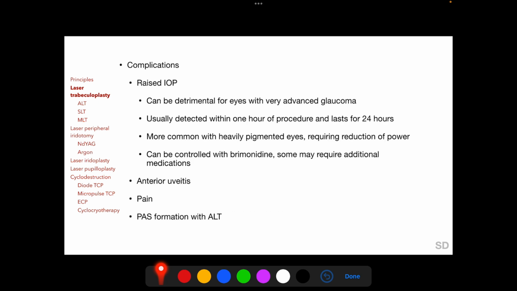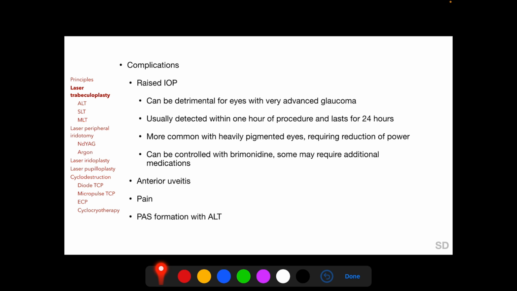Complications of laser trabeculoplasty include raised intraocular pressure immediately following the procedure, which can be detrimental for eyes with very advanced glaucoma and is usually detected within 1 hour of the procedure and lasts for 24 hours.